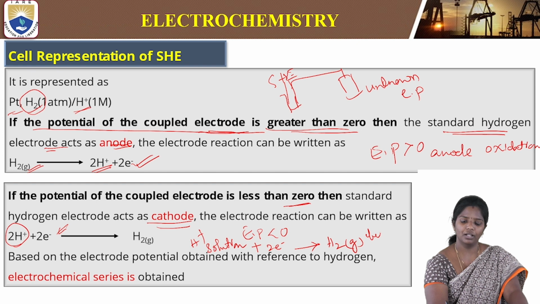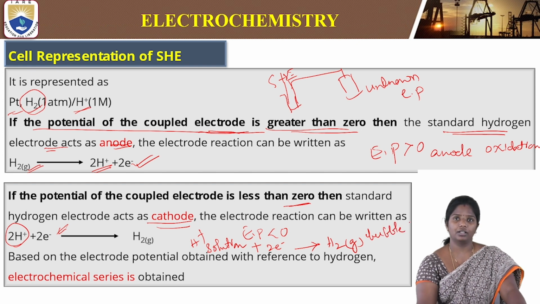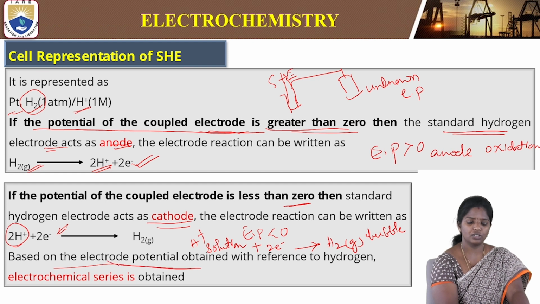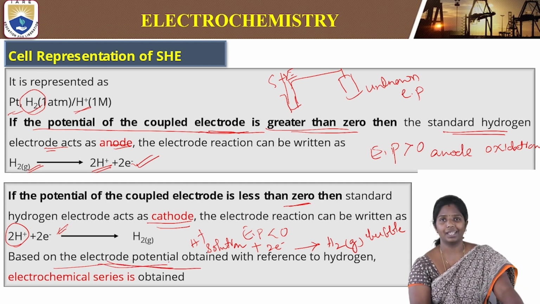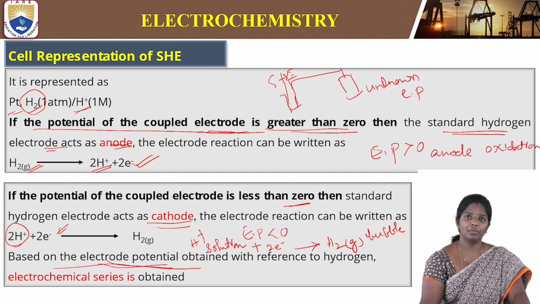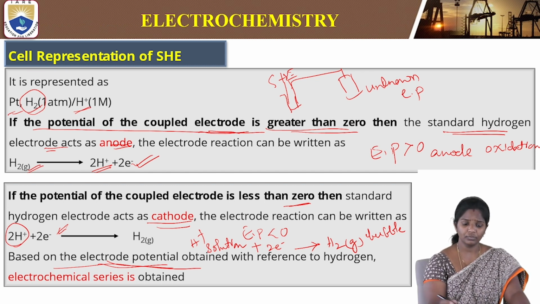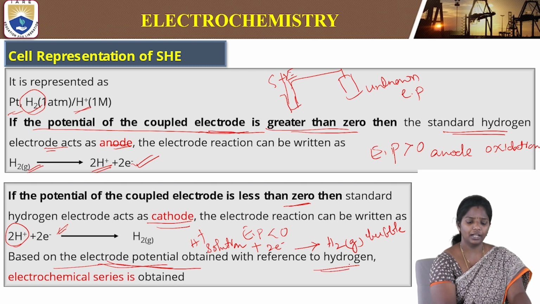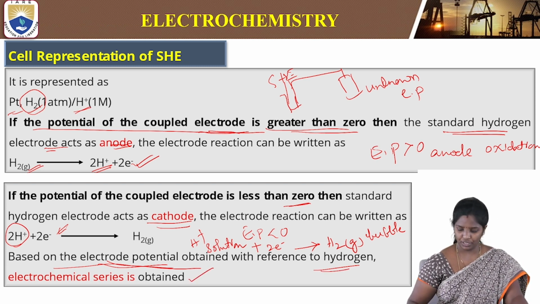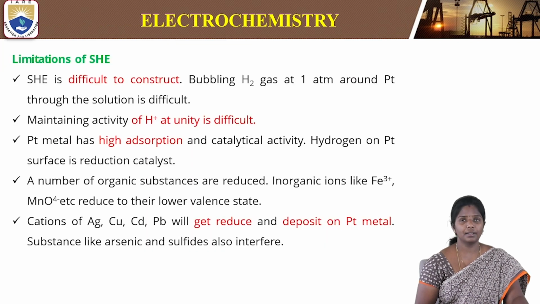This will bubble in the electrode. Based on these reactions, the potentials of metals can be calculated, and based on the potentials with reference to hydrogen, the electrochemical series is obtained. But there are some limitations.